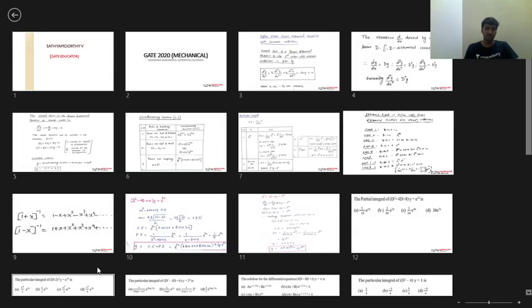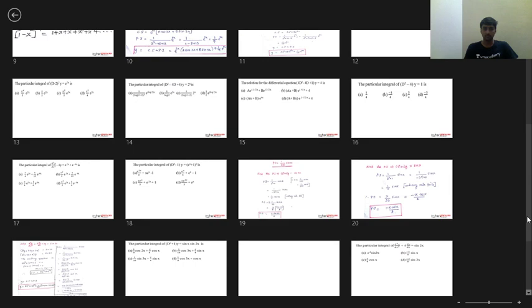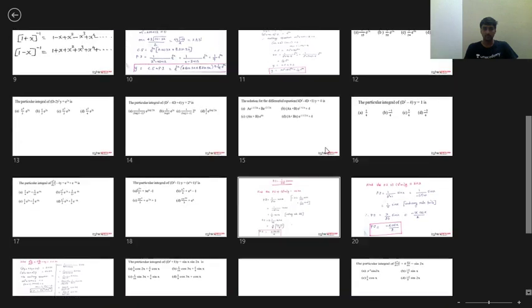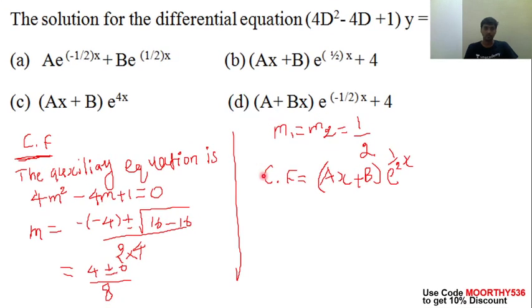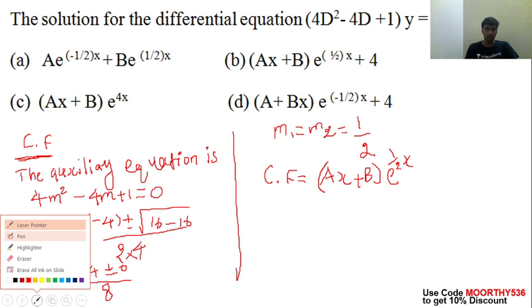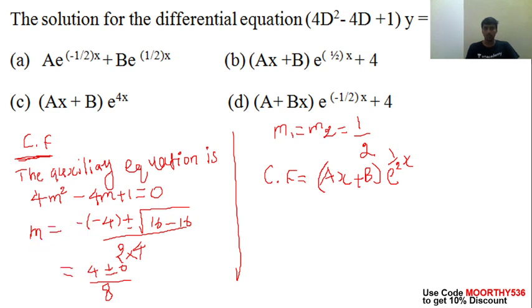For the particular integral, first we change the right hand side into e^(ax) format. So 4 e^(0x) is equal to 4, because e^0 is equal to 1. So this is the procedure.